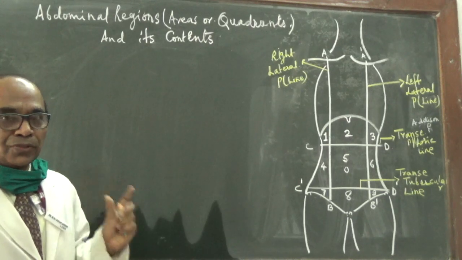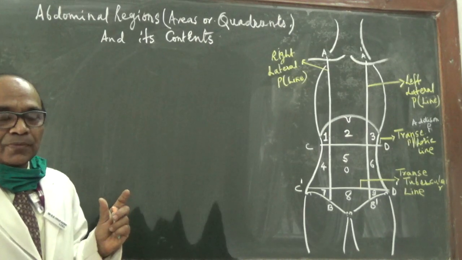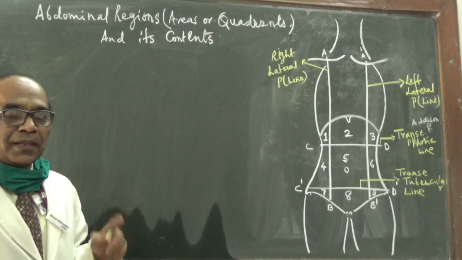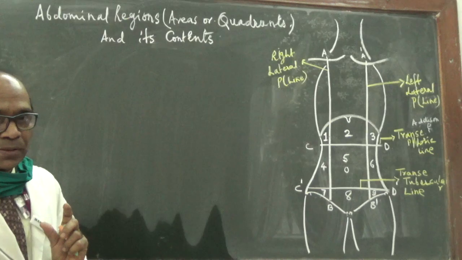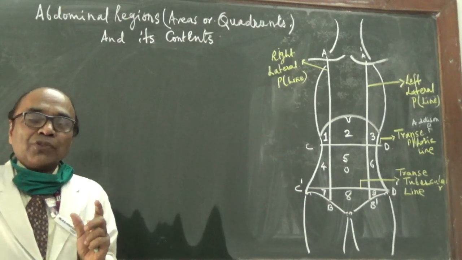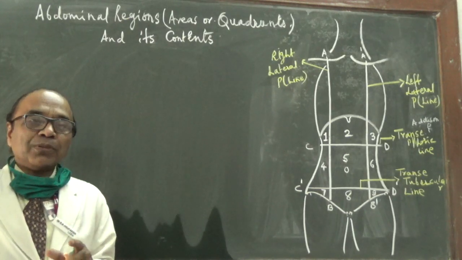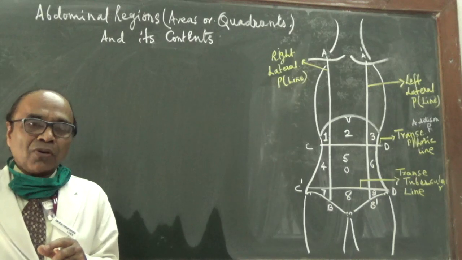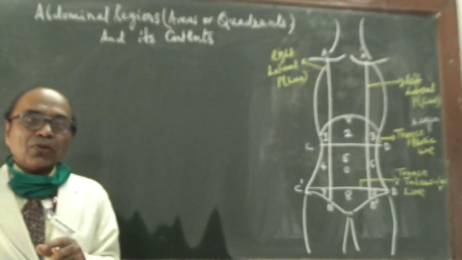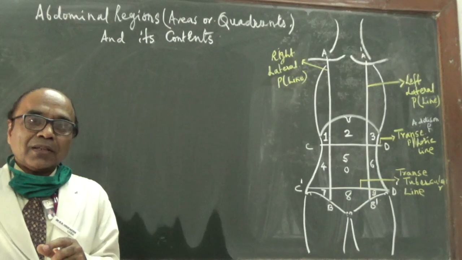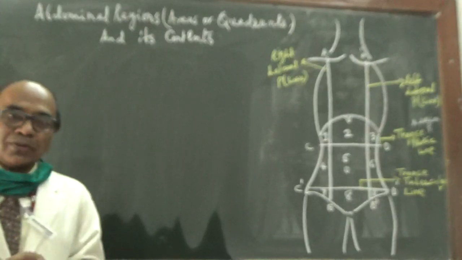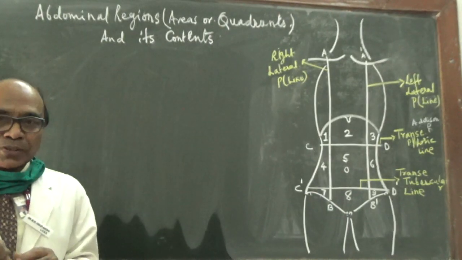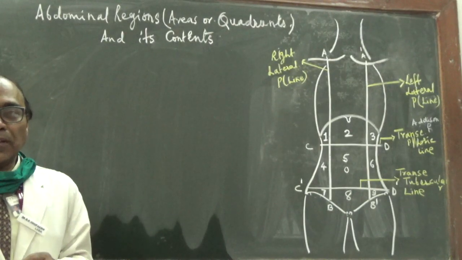abdominal regions or abdominal areas or abdominal quadrants. The abdominal quadrants are made to know the location of all the abdominal organs for clinical use.